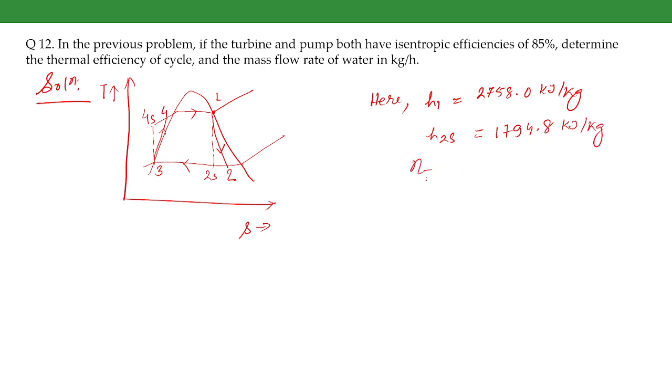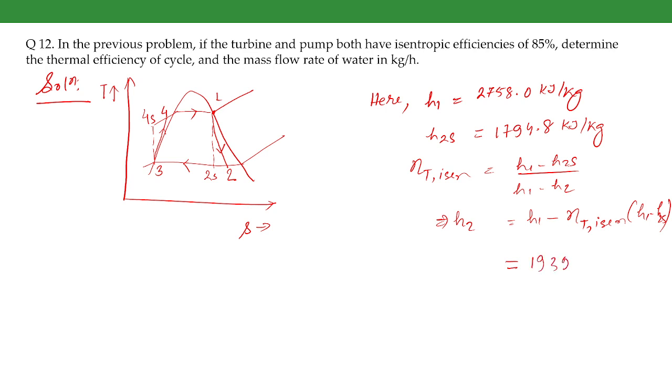Now the isentropic efficiency of the turbine is equal to (H1 minus H2s) by (H1 minus H2). So what will be H2? H2 is H1 minus the isentropic efficiency of the turbine multiplied by (H1 minus H2s). If we put in the values, we'll get this to be 1939.3 kilojoule per kg.